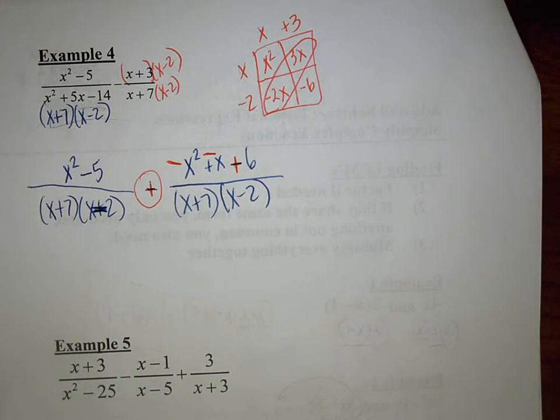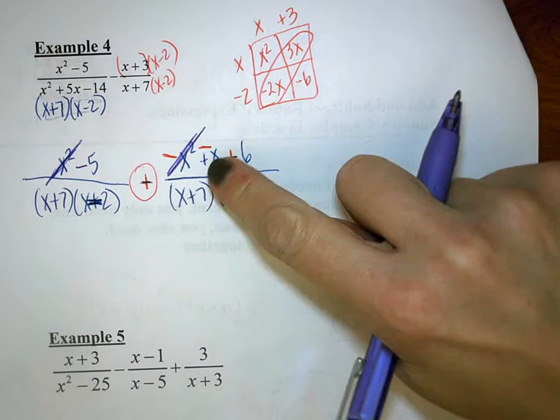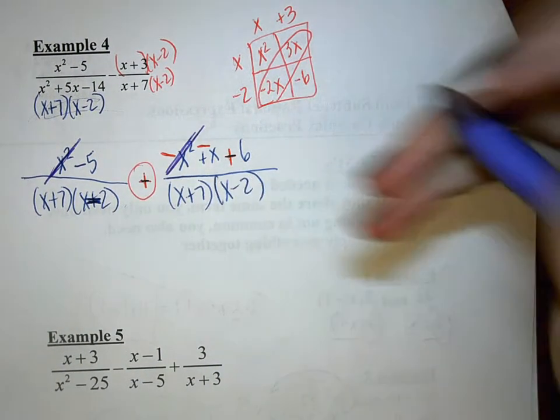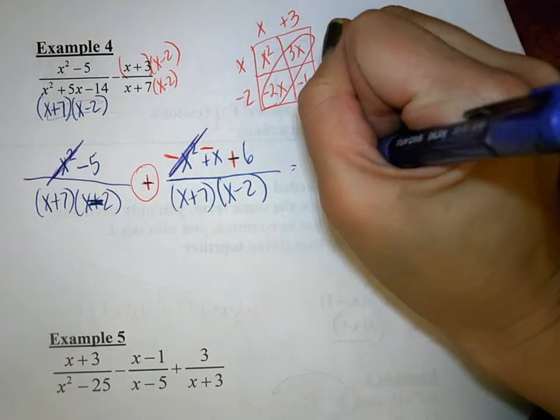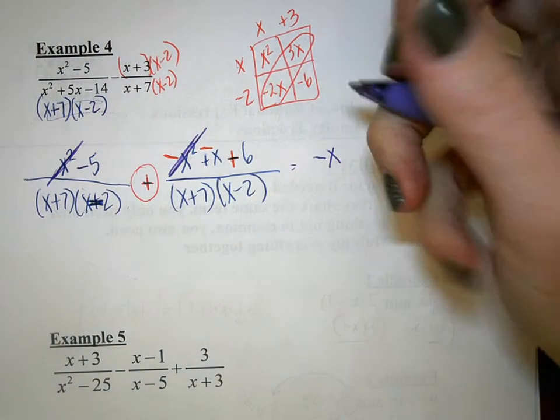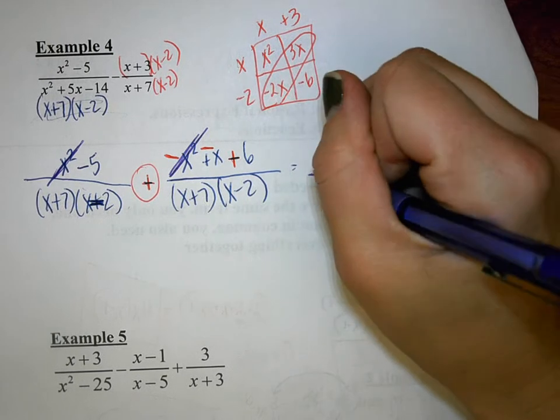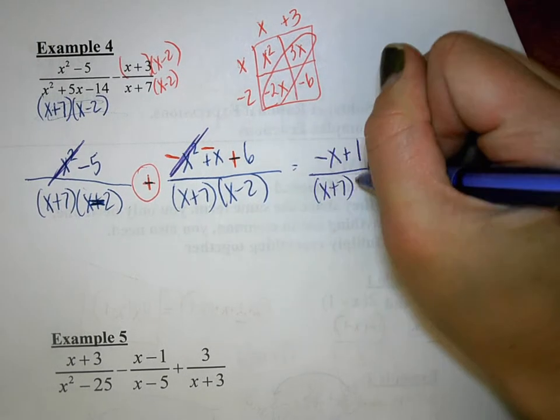So x squared and negative x squared, those cancel out. Then next, you would go with your plain x term, and there's only one of those, so I have negative x. And then negative 5 and a positive 6 make positive 1. And then this is over x plus 7, x minus 2.